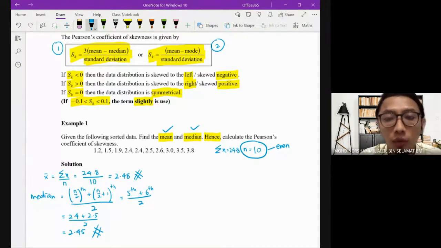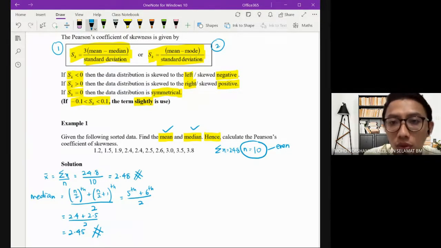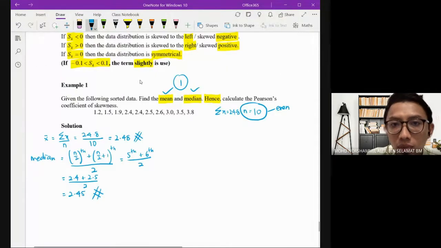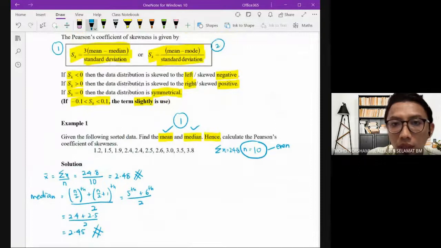That's the meaning of the word hence. If there is the word hence, it is compulsory to use your existing calculation. Your previous calculation was finding the mean and median, so it is compulsory to use the formula involving mean and median. So we need to use formula number 1: 3 times mean minus median, divided by standard deviation.